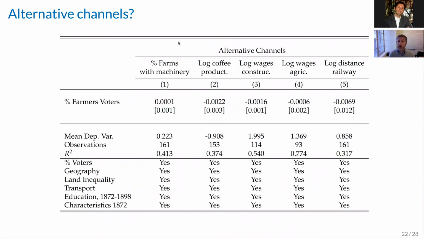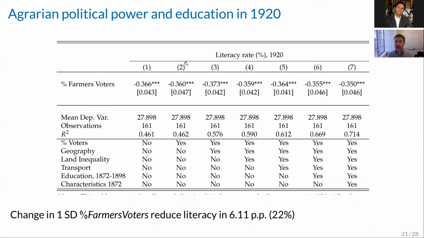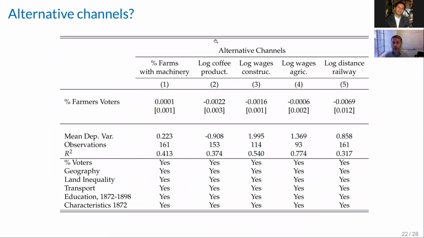Now, there are tons of other hypotheses that could link inequality to literacy rate. So what we do next is show that some of those hypotheses or alternative channels don't seem to be there. For example, when you try to see how mechanized the farms were, you don't find a relationship between mechanization and the political power of farmers in those places.